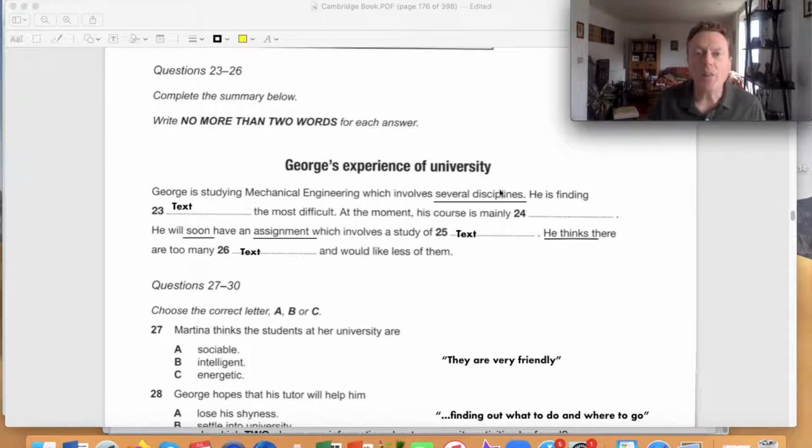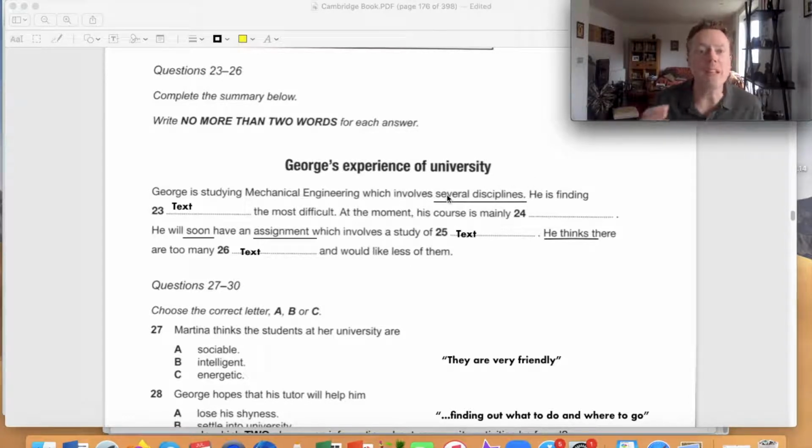So I've underlined several disciplines because this is a keyword. We'll need to listen for a synonym of this. So what is meant by several disciplines? Well, something like many subjects. Disciplines is another word for subjects.